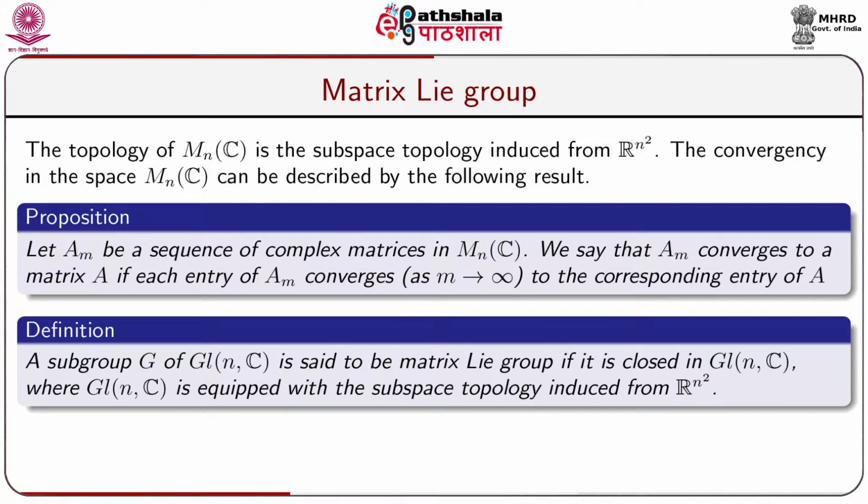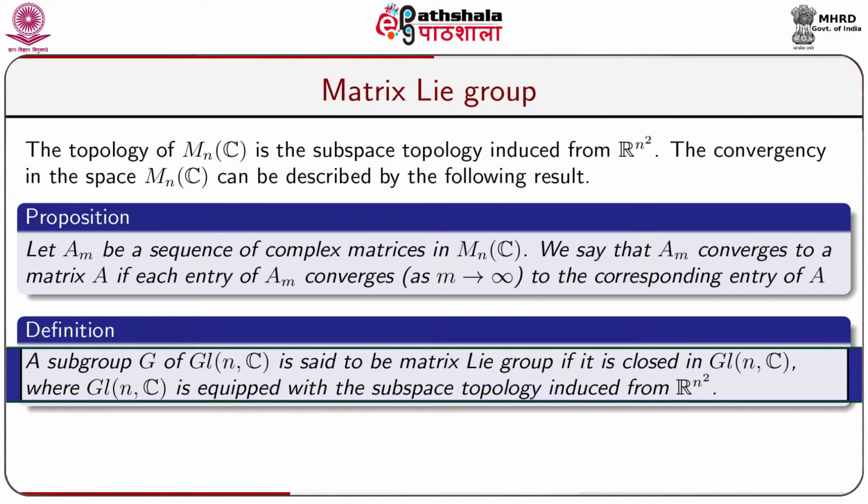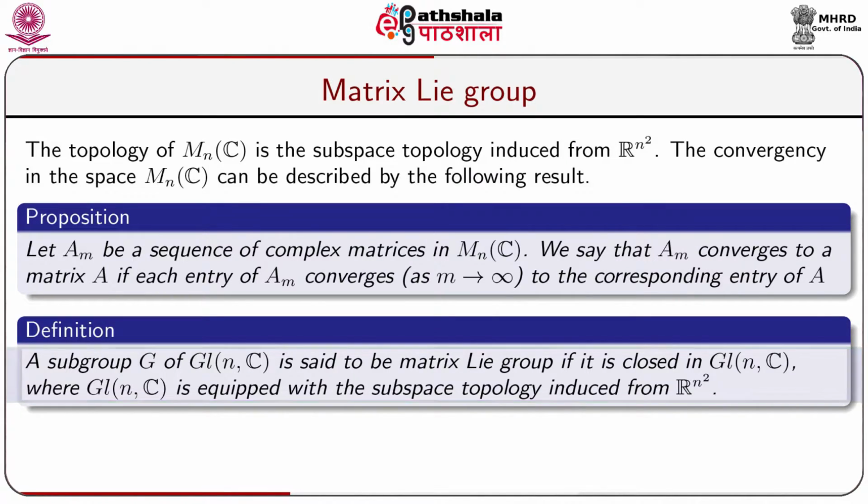Now let us define a matrix Lie group. By a matrix Lie group we shall mean any subgroup G of GLNC which is closed in GLNC.